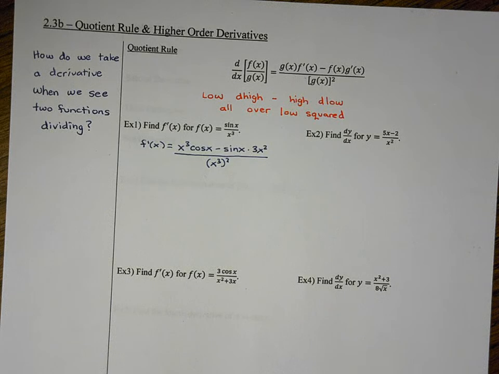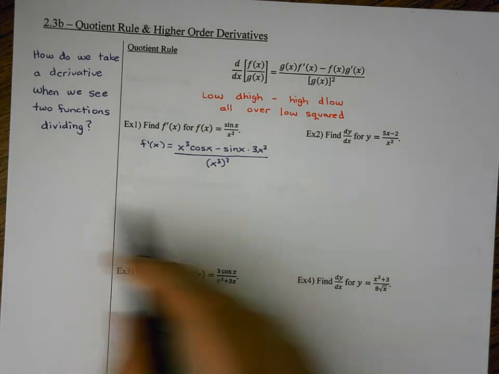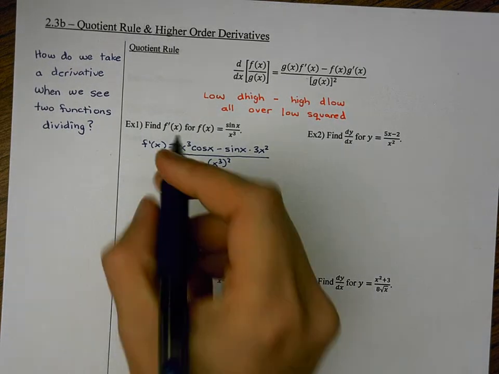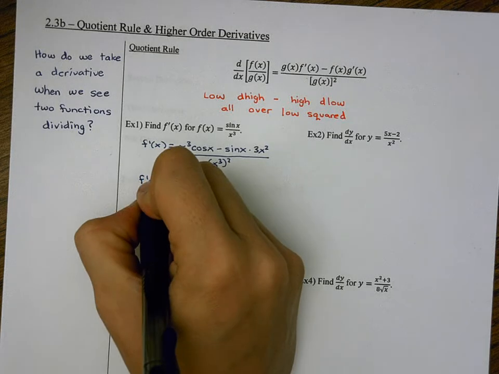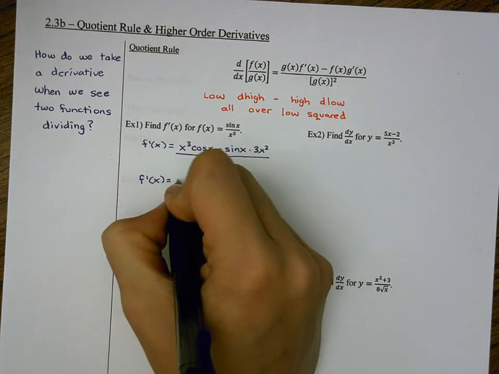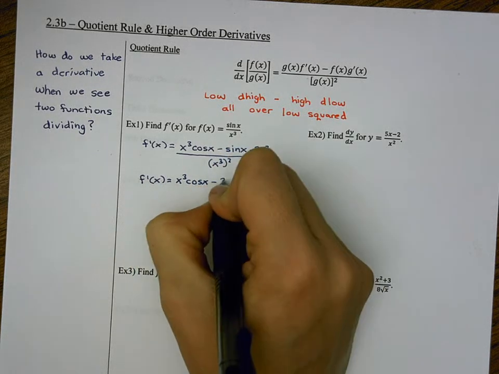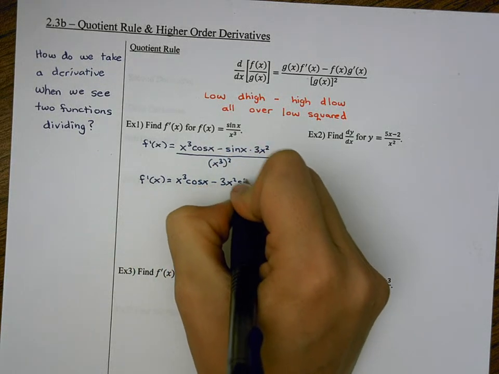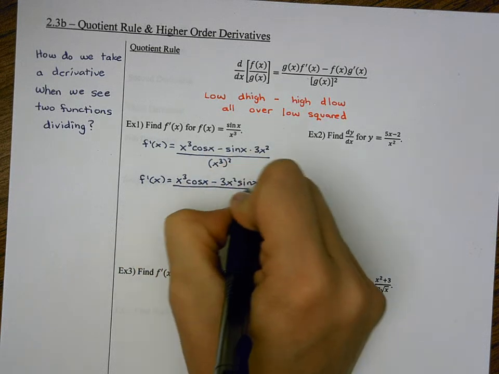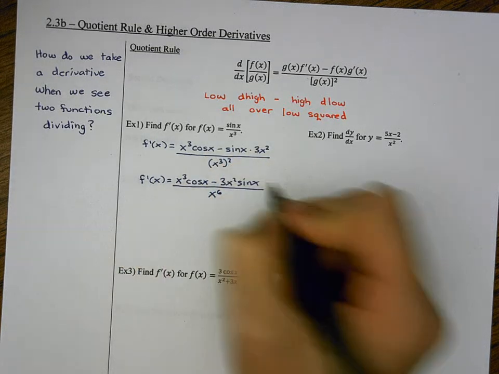Okay, and then at this point, there's a wide variety of things that could happen. Obviously, if this was a free response, you wouldn't have to go any further than that. But other things that could happen, well, we could clean this up. Minus 3x squared sine x all over x cubed squared, which is x to the 6th.